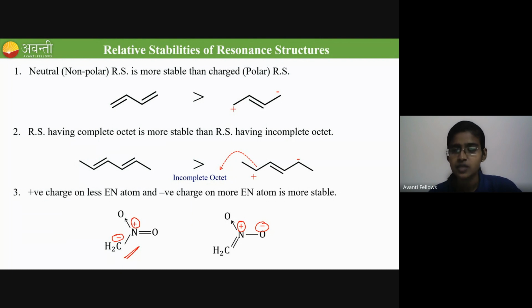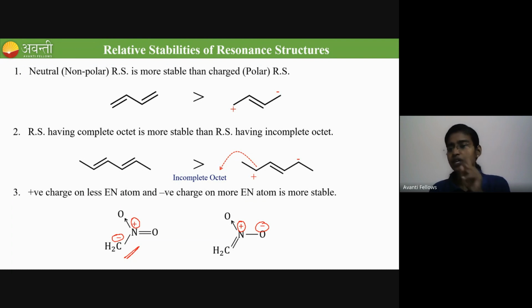Yes, very good, Anjanashree and Bharat. It is nitrogen which is more electronegative. Good, Jyoti Kumari. So the more electronegative atom among carbon and nitrogen is nitrogen.